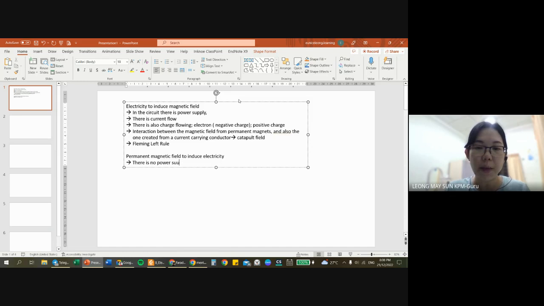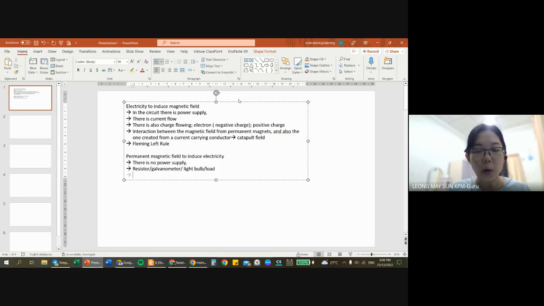So if there is no power supply in the circuit, which means there's no battery, no extremely high tension voltage or whatsoever, there's no current flowing at all in the circuit. And then normally there is a resistor. We could have a galvanometer. We can also have a light bulb, or what is known as load in certain books.